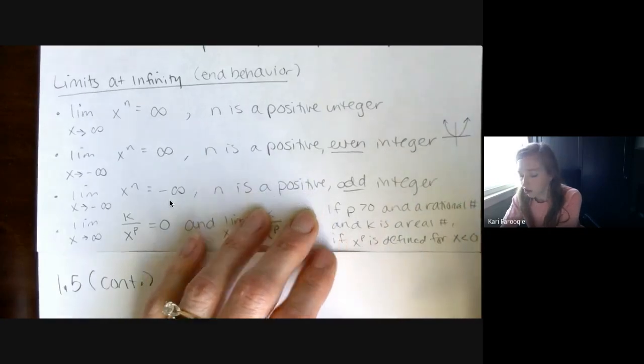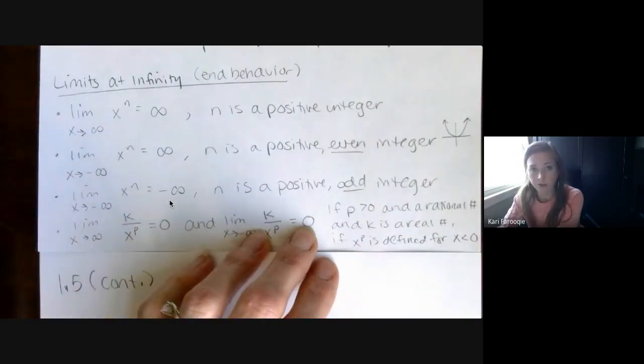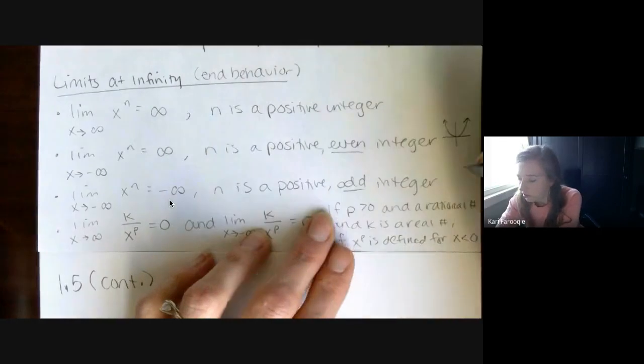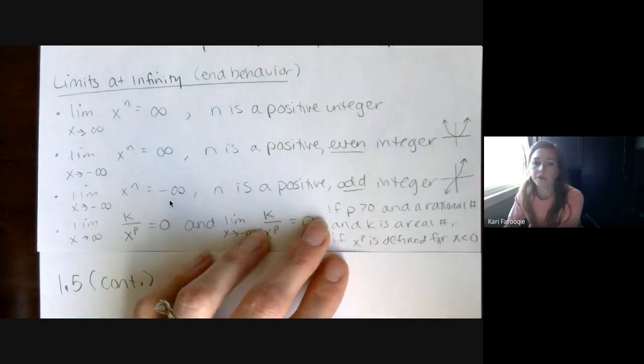That's going to change when n is odd. So x to the 3rd, x to the 5th, x to the 7th all follow a form that looks more like a cubic function. In this case, as x gets large, y gets large. But as x gets increasingly small and I head over to the left, y gets increasingly small.